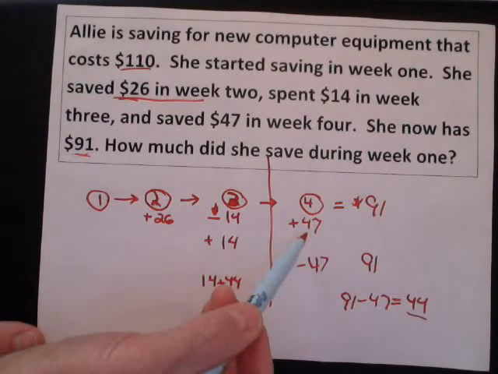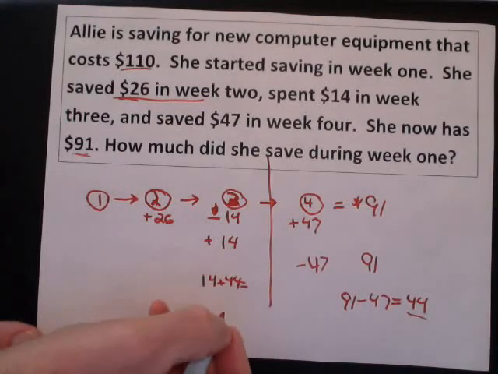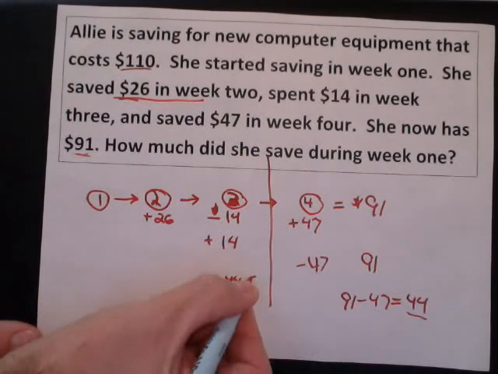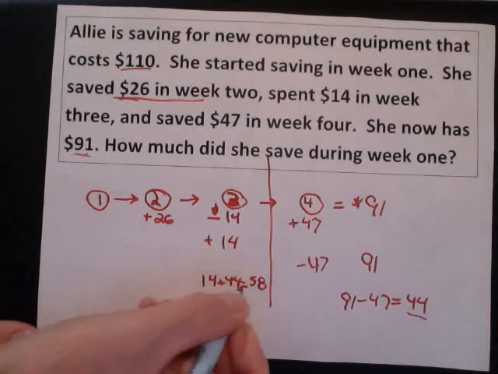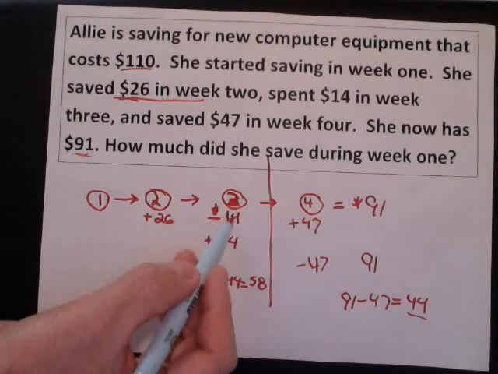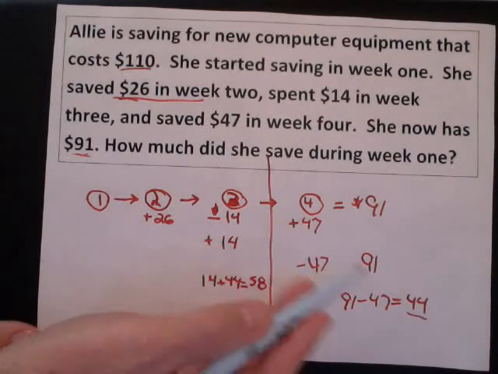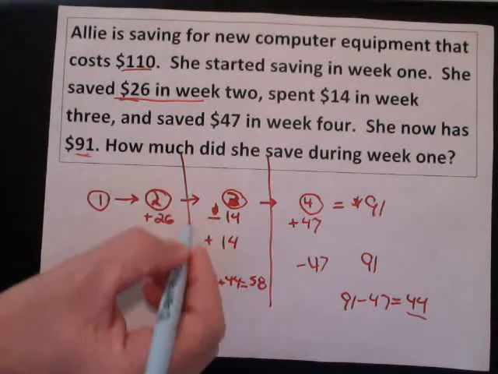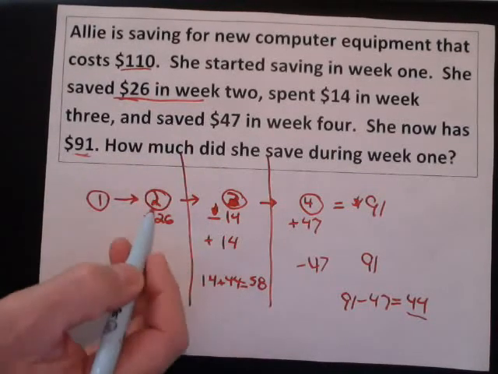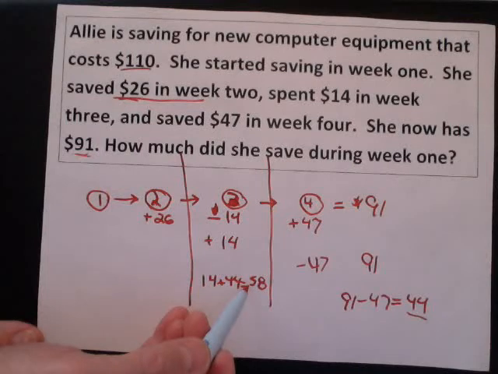And if we do that, that'll tell us that when she entered week 3, she had $58. She had $58 and she spent 14 and it took her down to 44. So now we know that going from week 2 to week 3 before spending, she had $58.